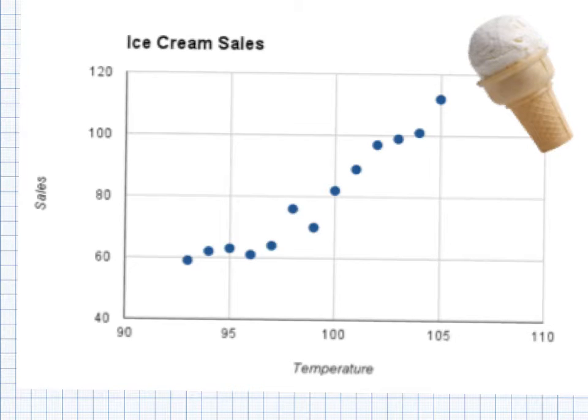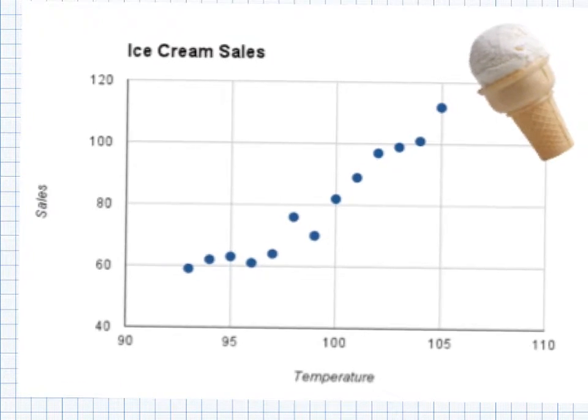Now, this is an example of a positive correlation, where the data points are moving towards the sky. We can say then that there's a positive relationship between temperature, which was measured here on the x-axis, and sales, which was the y-axis.